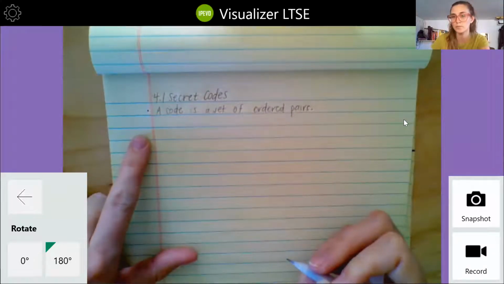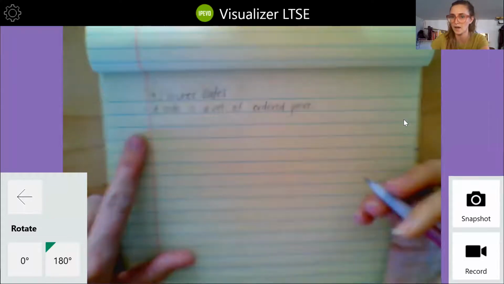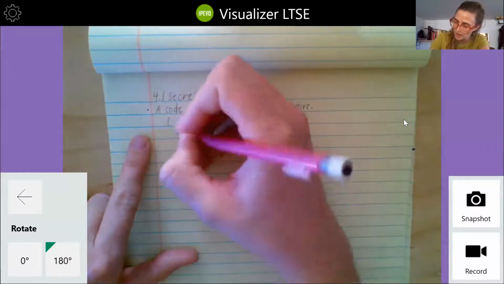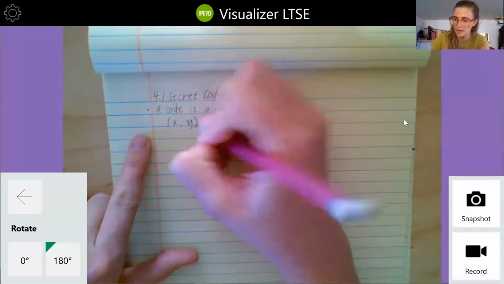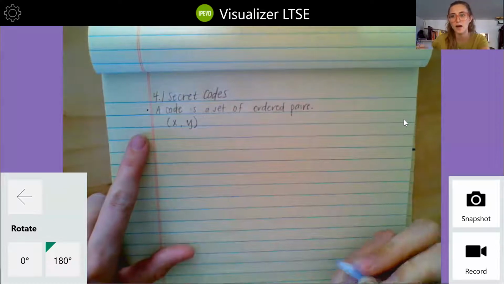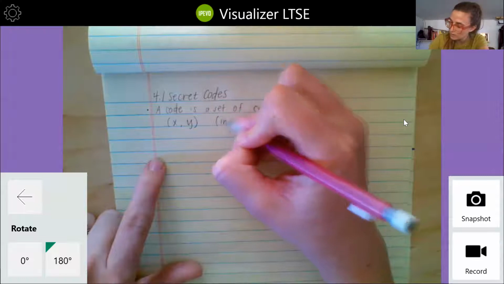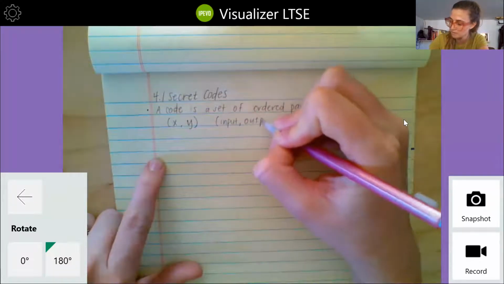And remember, ordered pairs are written like this, where we have parentheses. So far we've looked at X and Y. Another way to think about that is we have an input and we have an output.